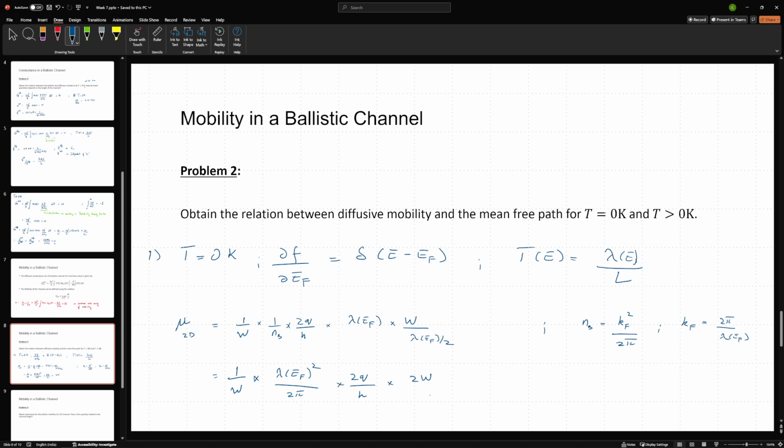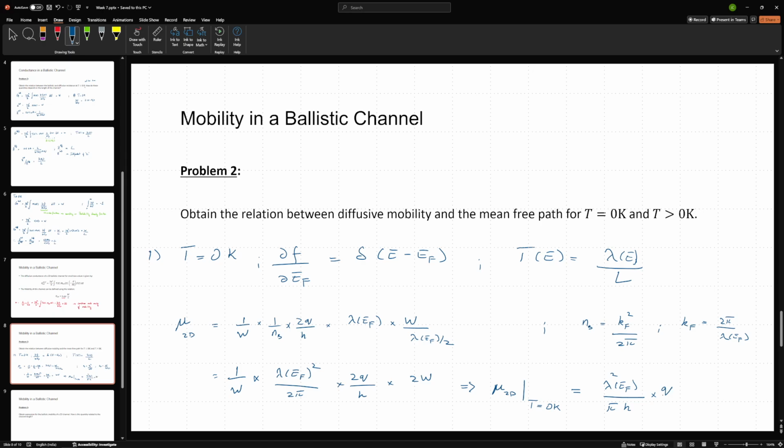So, cancelling out all the relevant quantities, ultimately what we shall be left with is mu 2d at 0 Kelvin, which actually has a very strange looking form. It is actually the square of the de Broglie wavelength for some reason, by pi h into q.